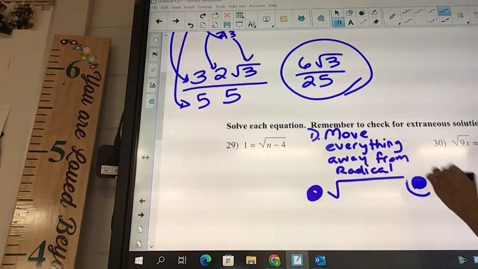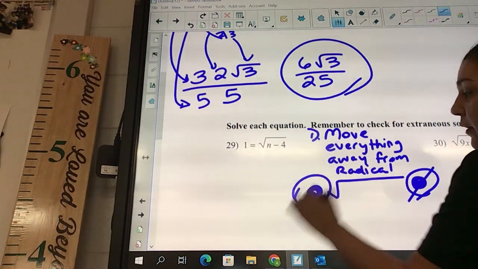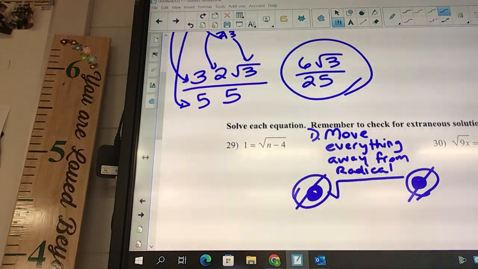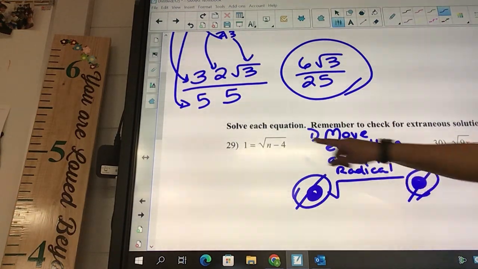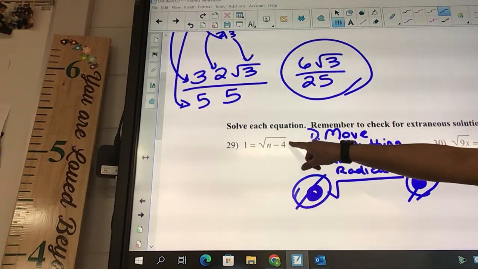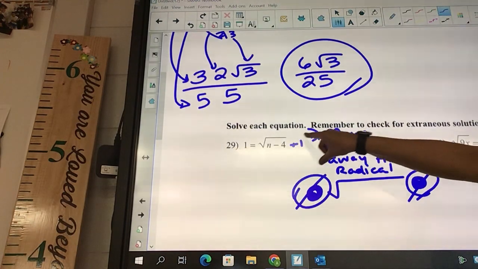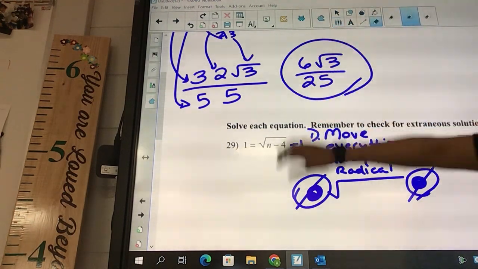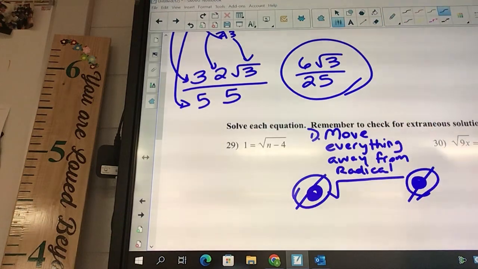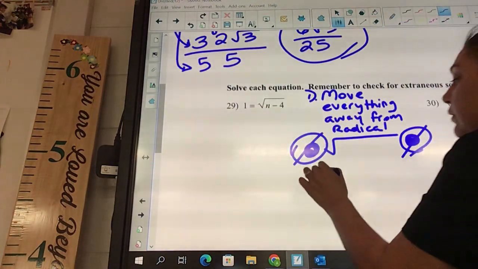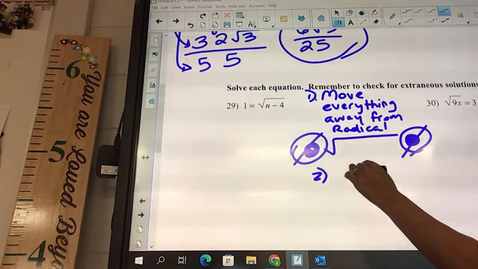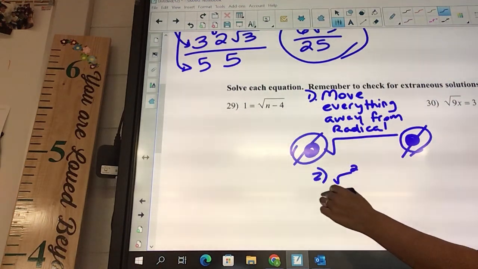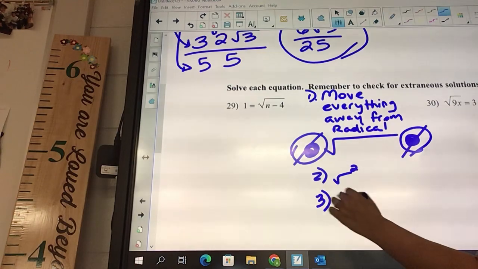This is not allowed. Those have to be moved away first. Anything that's not directly underneath the house has to be moved. You can see the 4 is underneath the house, but if there was a +1, the house doesn't extend to that part. So you do that first, then square both sides, so an exponent of 2, and then solve for x.